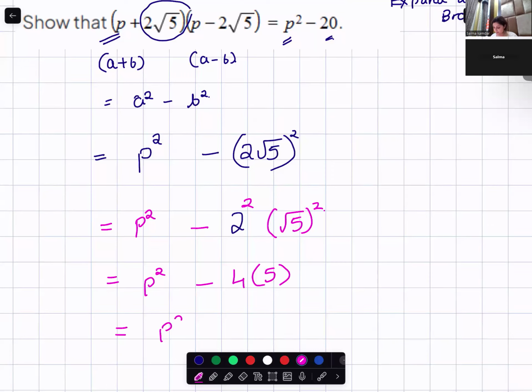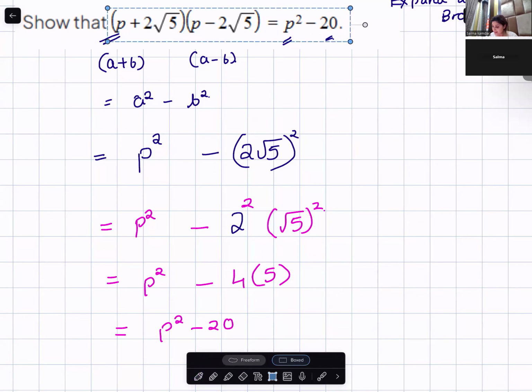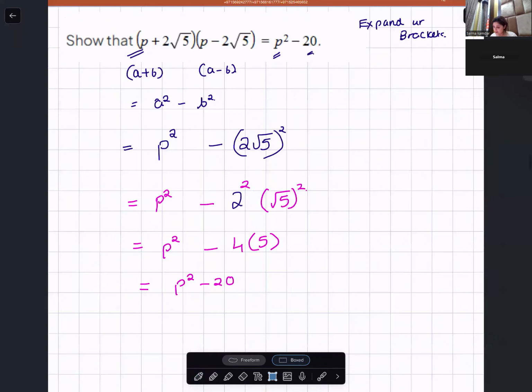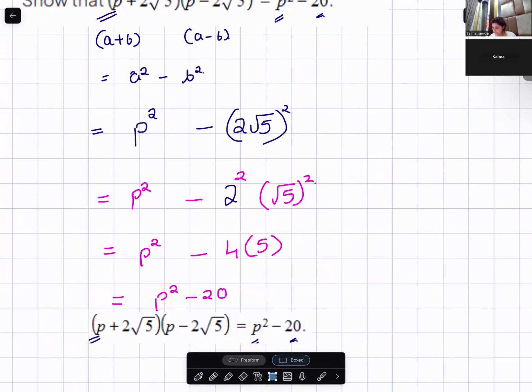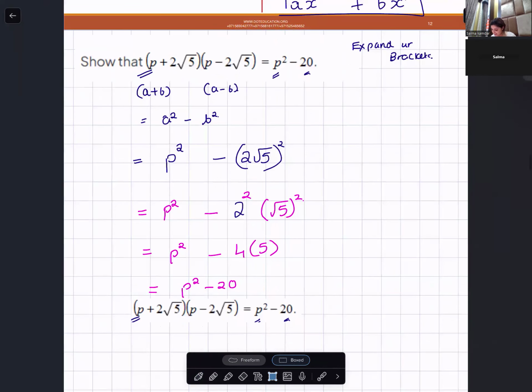So this becomes p square minus 20. So I have clearly shown that (p plus 2 root 5) into (p minus 2 root 5) is equal to p square minus 20. So this is our answer.